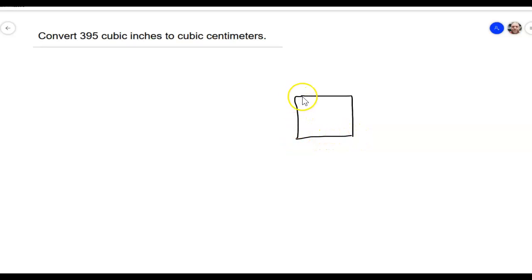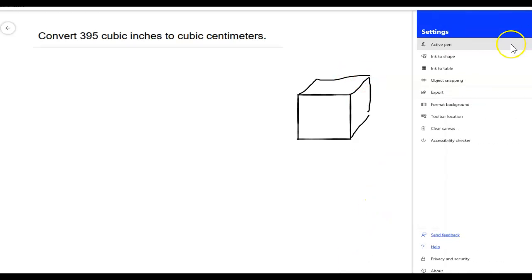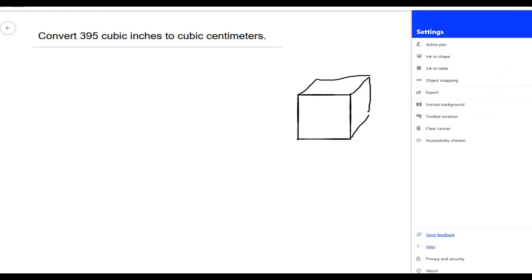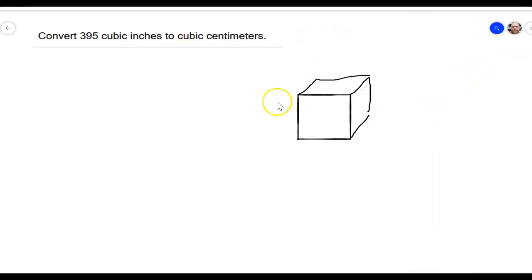It won't be perfect, but if we have a cube here, I make this a cube with each of its sides equal to length 1. So this is a cube of every side equal to length 1.